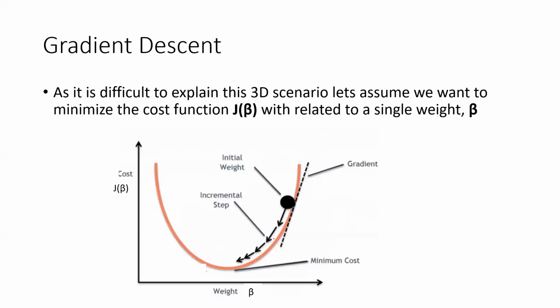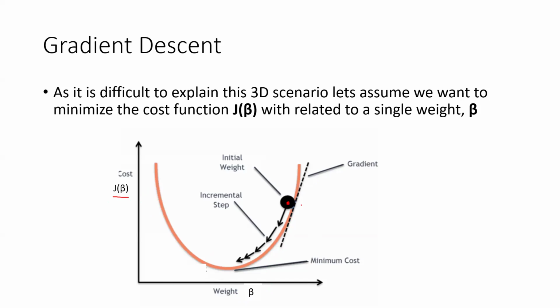In order to simplify the same thing, because the 3D plot with beta 0 and beta 1 is a bit difficult to explain, I have just taken a 2D graph where there's only one beta value as the independent variable and J beta as the cost function. Suppose we start from here, as the initialization point.